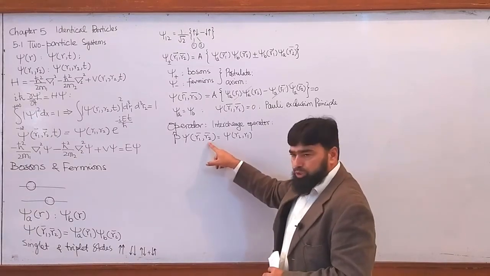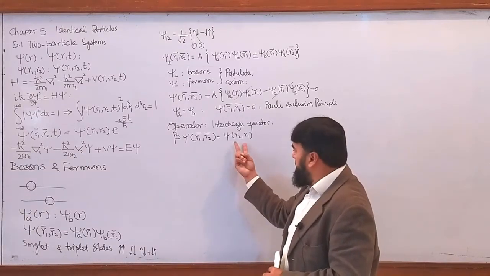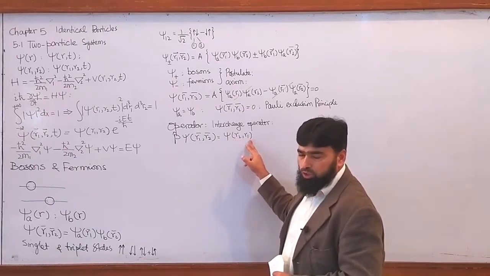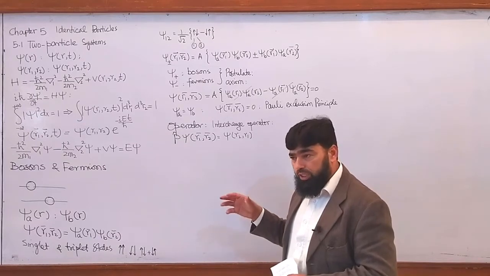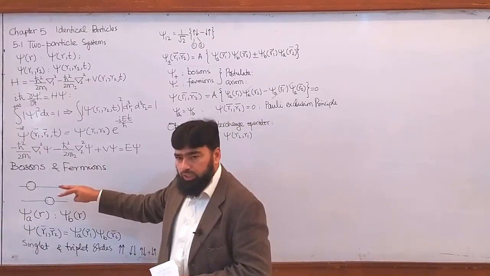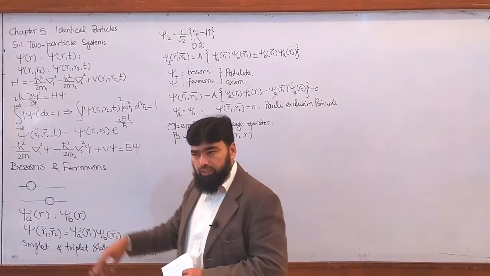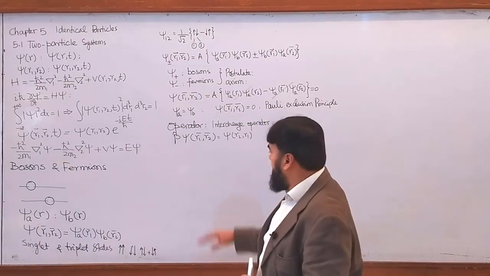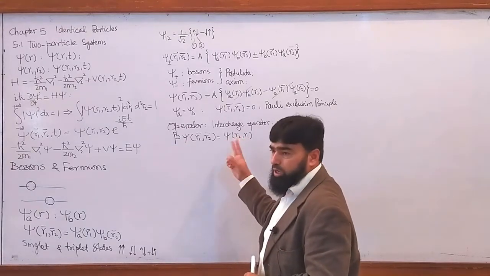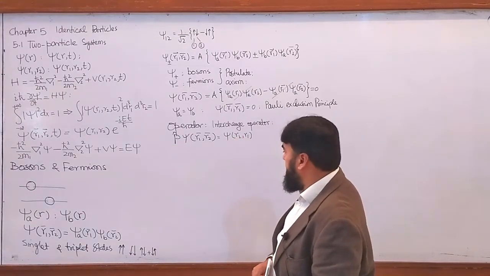It changes the wave function from r1, r2 to r2, r1. So it has exchanged the coordinates. It exchanges the states with each other. Clear? You are getting it. It's an exchange operator. It interchanges the coordinates with each other.